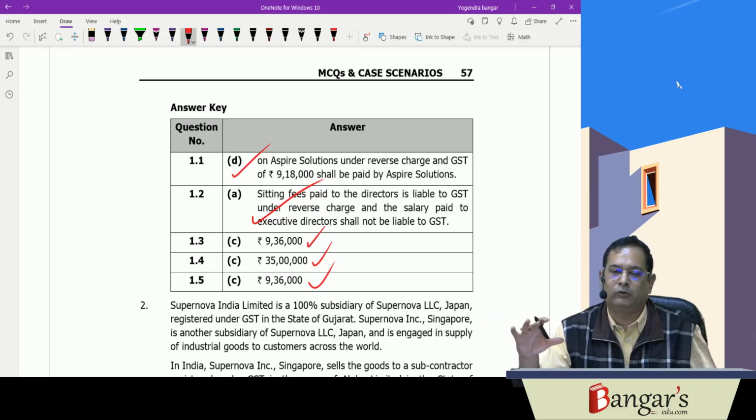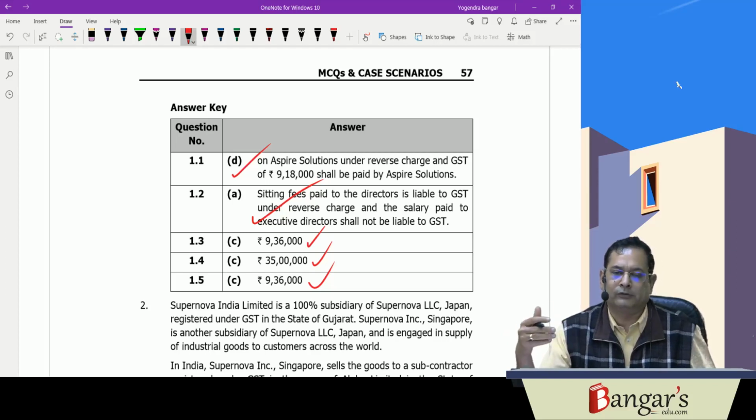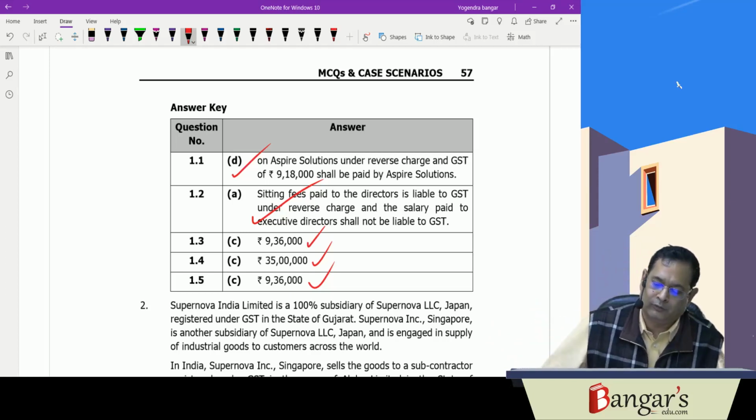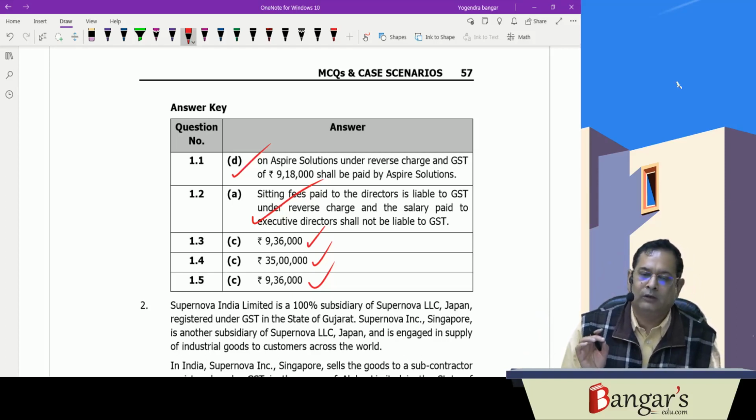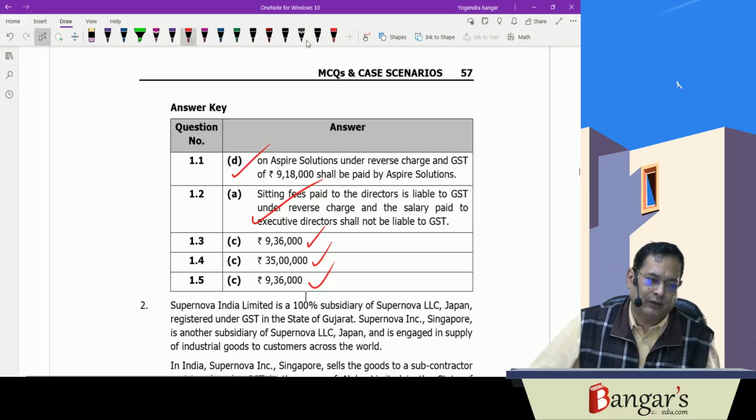And in these MCQs and case scenarios, detailed discussions, detailed analysis and provisions are covered. So you can go through the same also and understand things. And these are very, very important ones from the examination point of view. So this was our discussion about the first case scenario, and other case scenarios we will be discussing in our other videos.